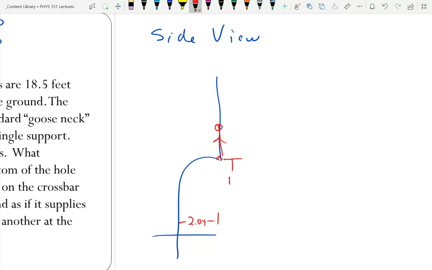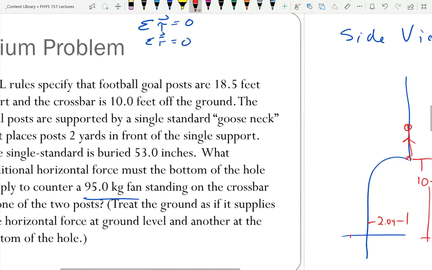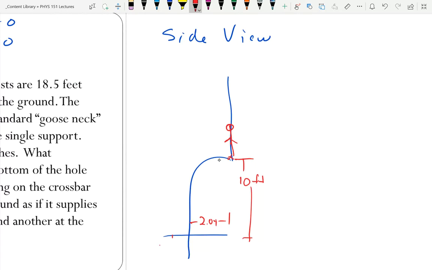This distance here is 10 feet. And this distance here was, let's say, 53 inches. So there's a basic diagram looking at it from the side.